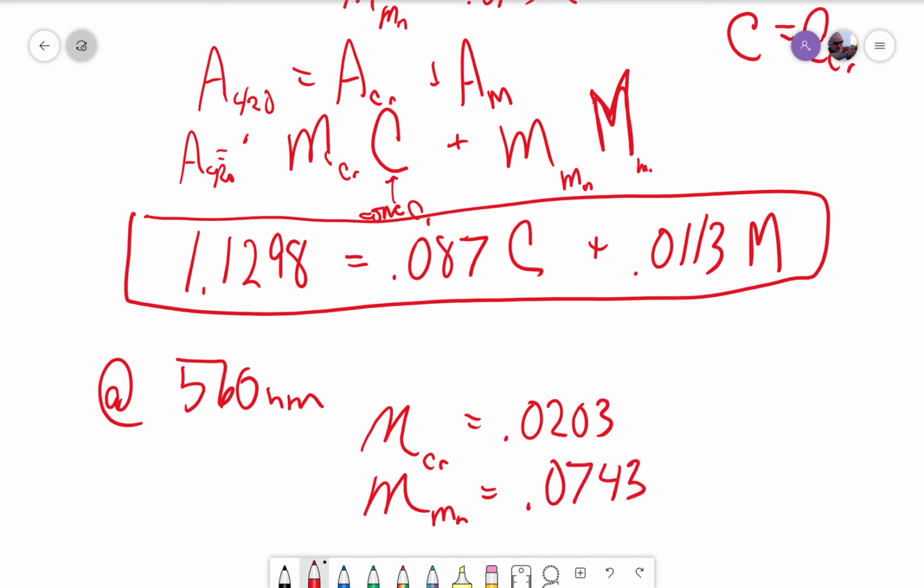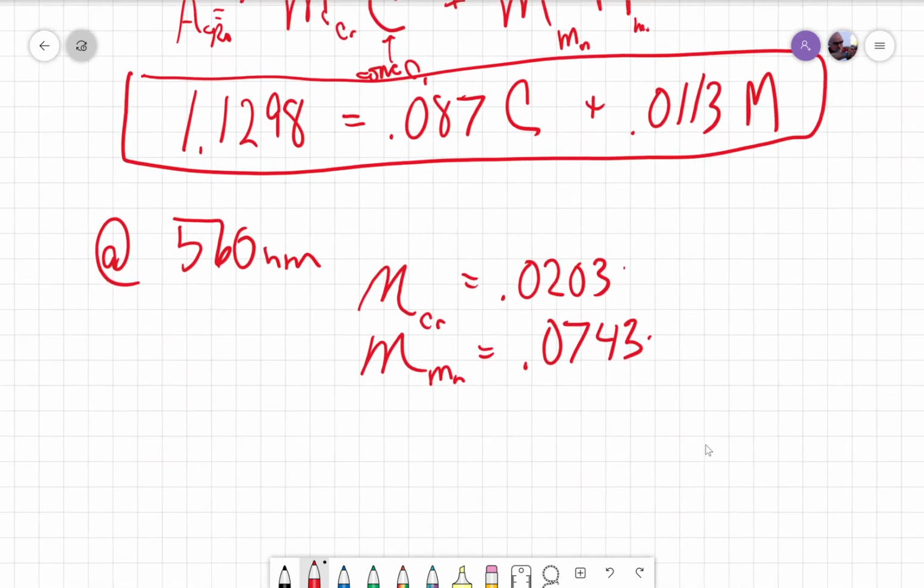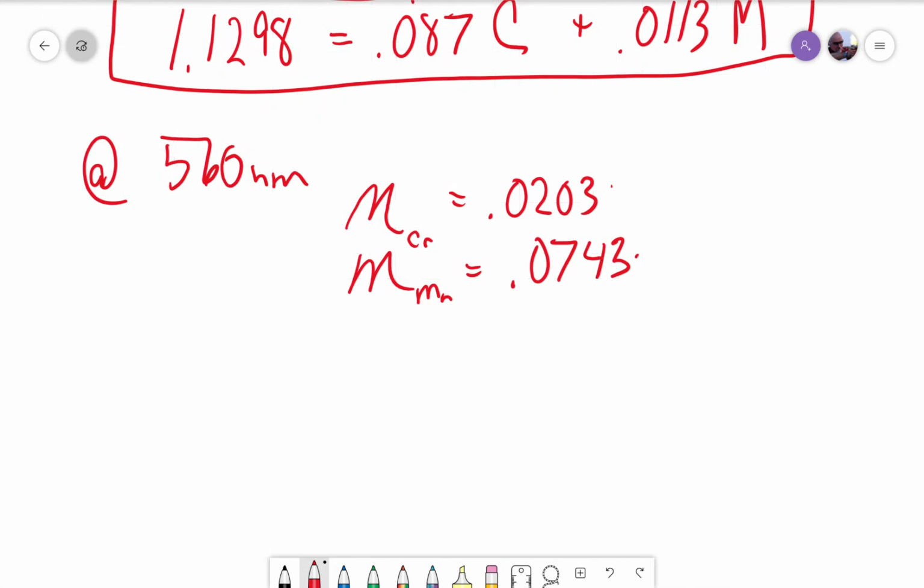Again, these are just the slopes from the Beer's law plots at that wavelength.